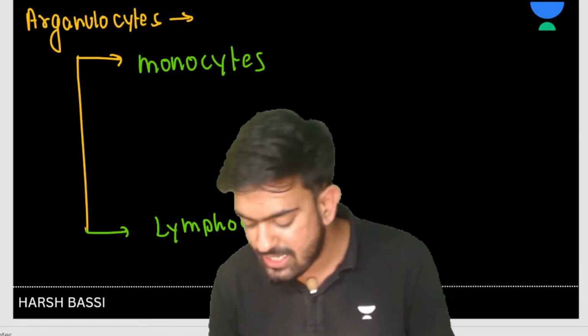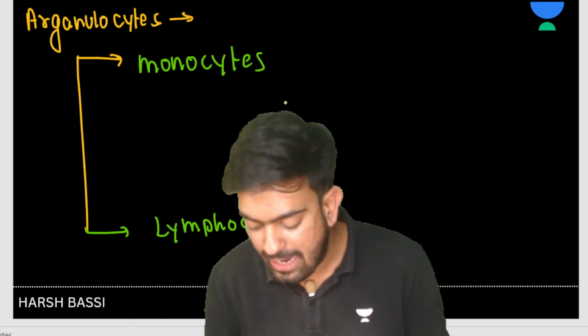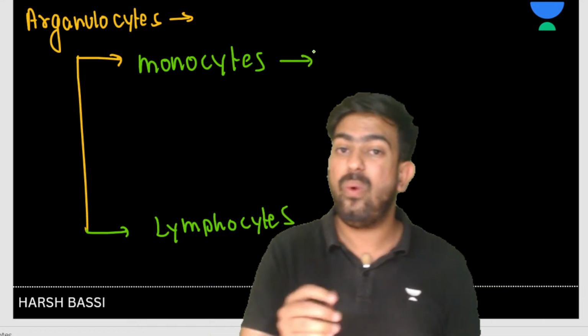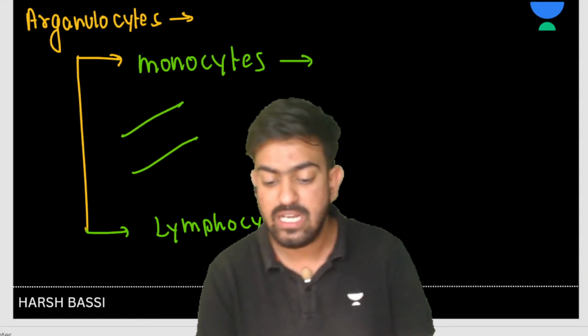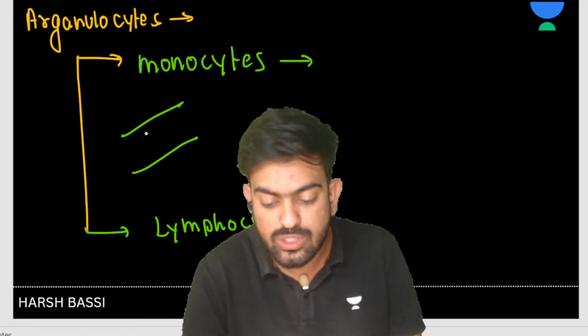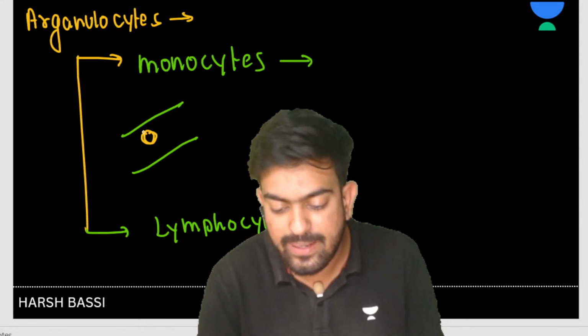See, monocytes form macrophages. When this is your blood vessel, monocytes are present here. Now what happens?